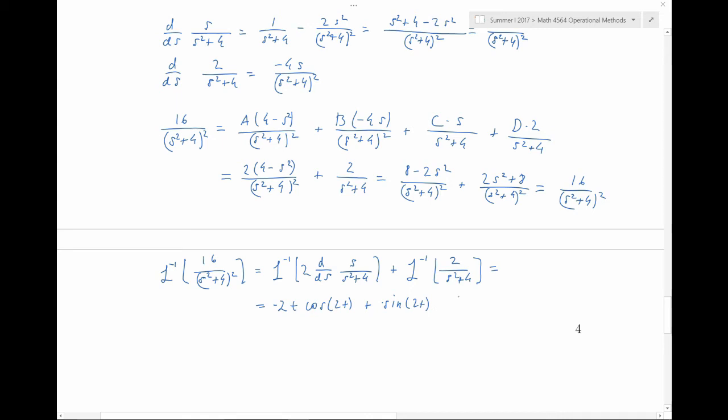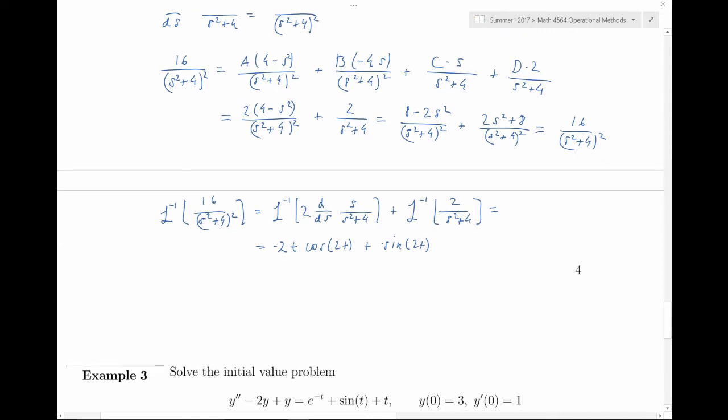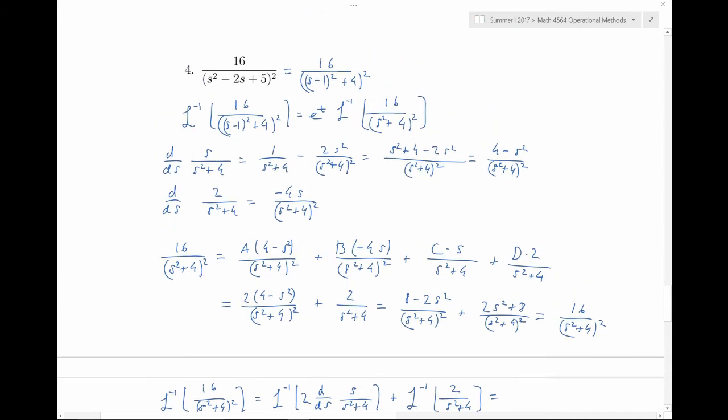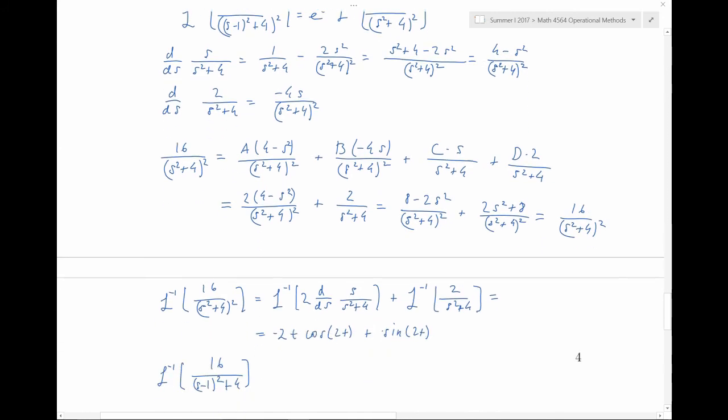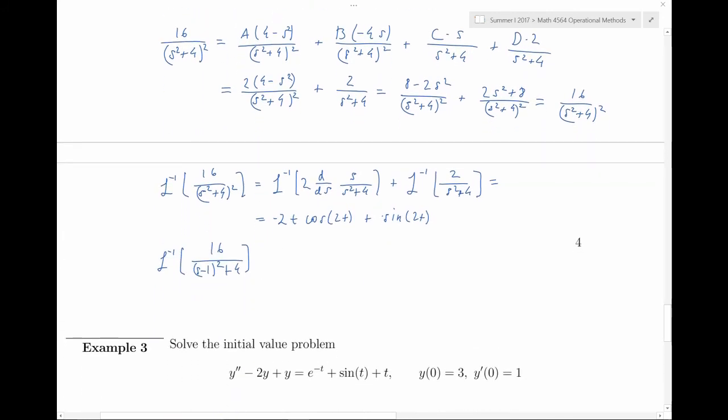And that's not it, because the final answer is different: the original function was shifted, and so we have to multiply everything by e to the t.